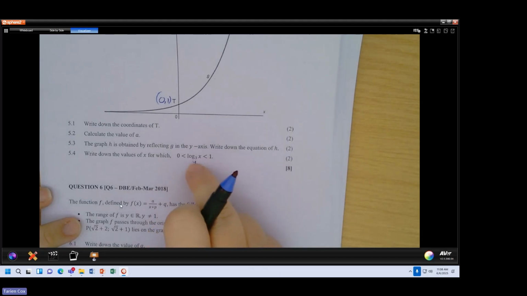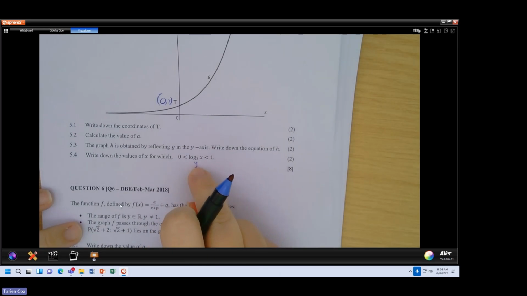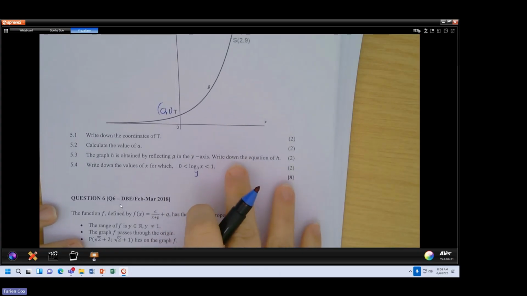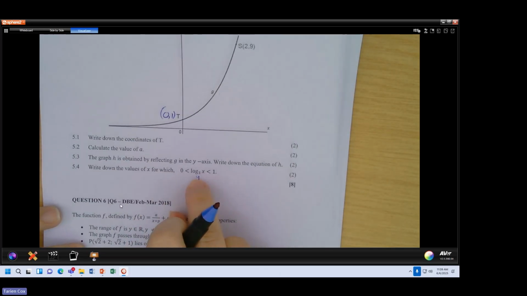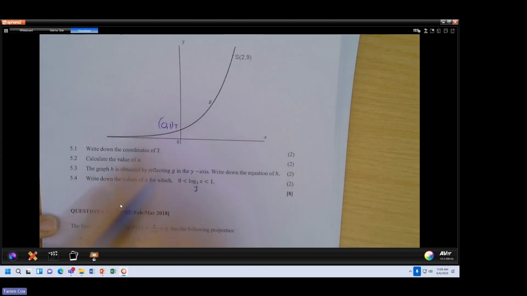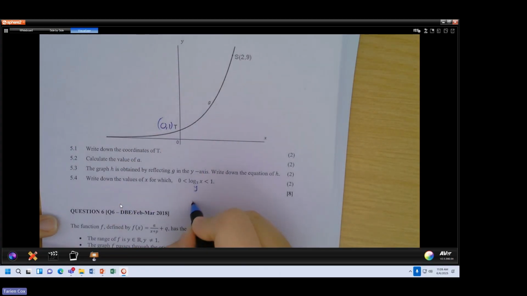But if I didn't want to use the graph, I am going to reinterpret this because this is my log, which is already my inverse. So if I want to know for which values of x my inverse, the y values, lies between 0 and 1, then if I take it to my original, which I see in front of me, the x values must lie between 0 and 1.